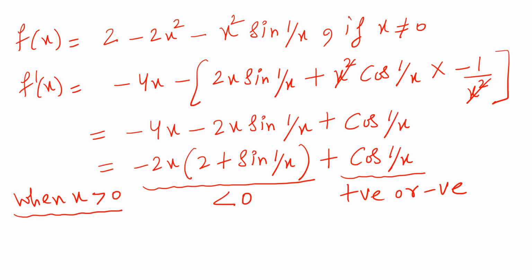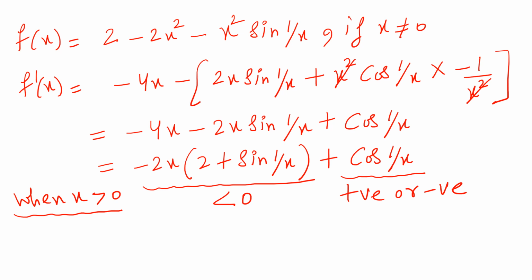But if 1 upon x lies in first or fourth quadrant, then cos of 1 upon x is positive. In this case, f dash x may be positive or may be negative. This means f of x may be increasing or may be decreasing.